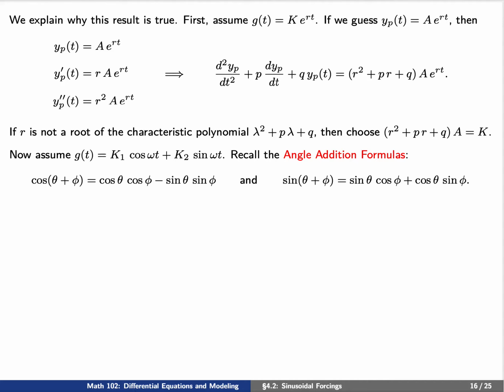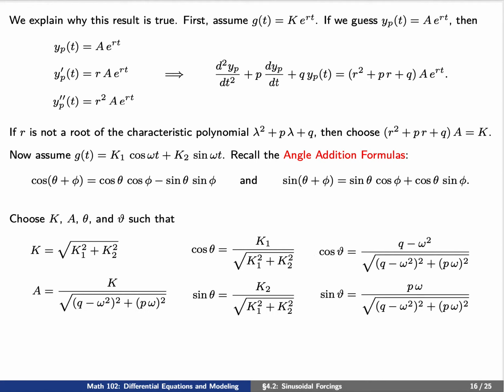Similarly, sine of the sum of two angles, theta and phi, is sine theta cosine phi plus cosine theta sine phi. Next, we're going to define capital A, capital K, theta, and curly theta as how you see here on your screen.